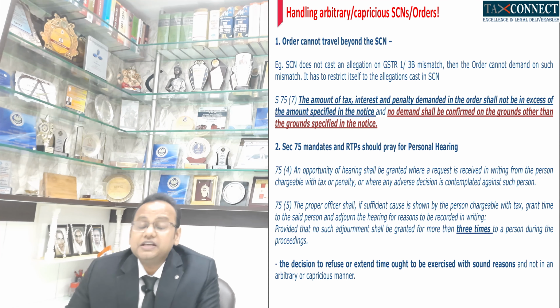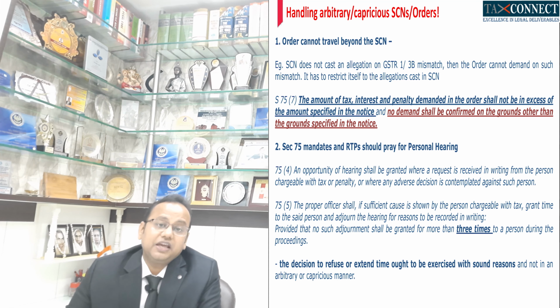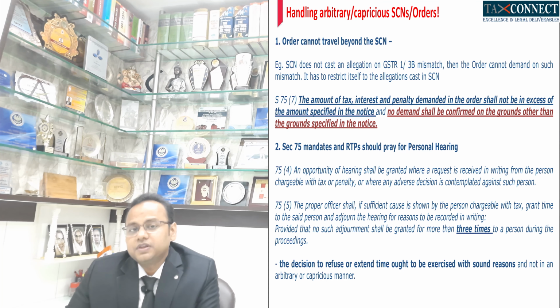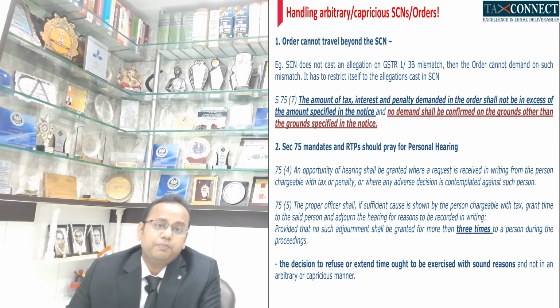Again, it is a right of the RTP to take adjournments in case there is a prevalent hardship, and as per Supreme Court judgment and as per 75(4) and 75(5) also, 3 adjournments should be provided by the officers.